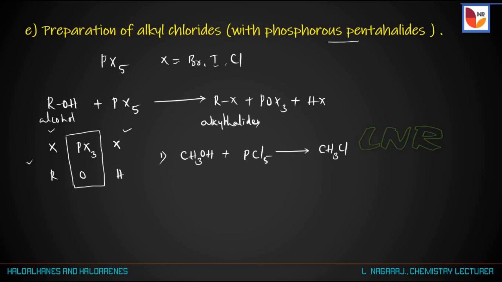The same method is used to write the byproducts, plus PX3, here X is Cl, so it is POCl3, and the next byproduct is HCl. That is, when the methanol reacts with phosphorus pentachloride, it gives methyl chloride.